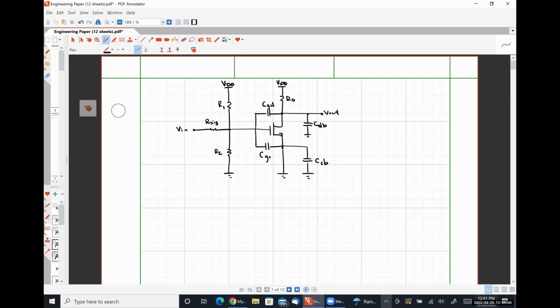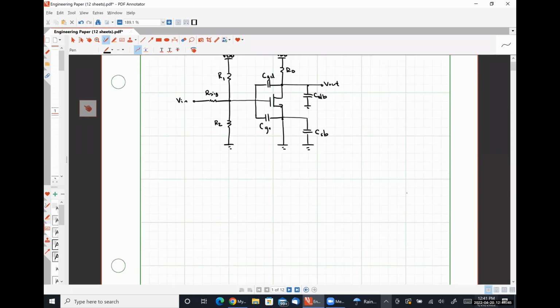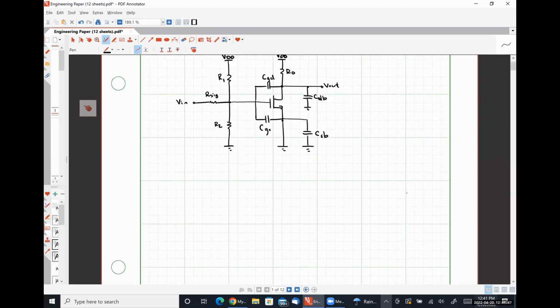And after a couple of simplifications, we analyzed the following small signal equivalent circuit, where we had a Thevenin equivalent voltage VThev in series with a Thevenin equivalent resistance RThev.